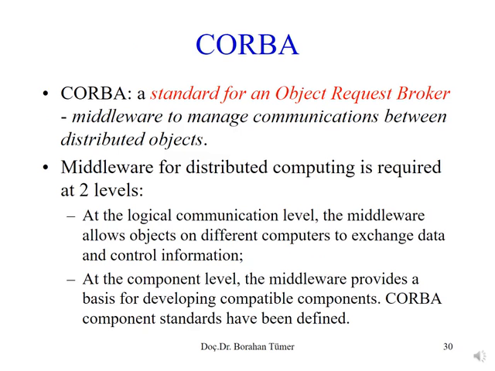Starting from that point, we will discuss a middleware standard for the distributed object architectures. CORBA stands for Common Object Request Broker Architecture. It is a standard for an object request broker, and it organizes communications between distributed objects.